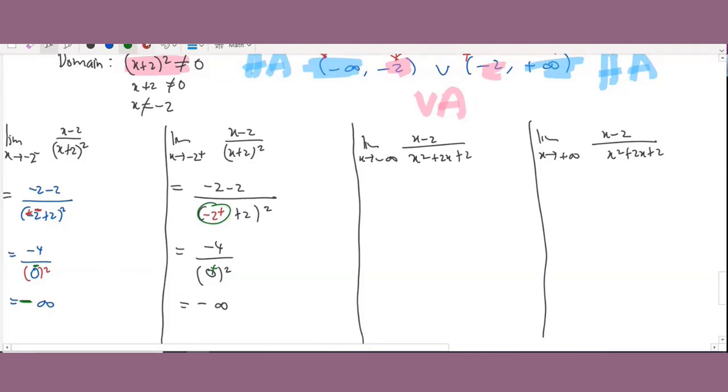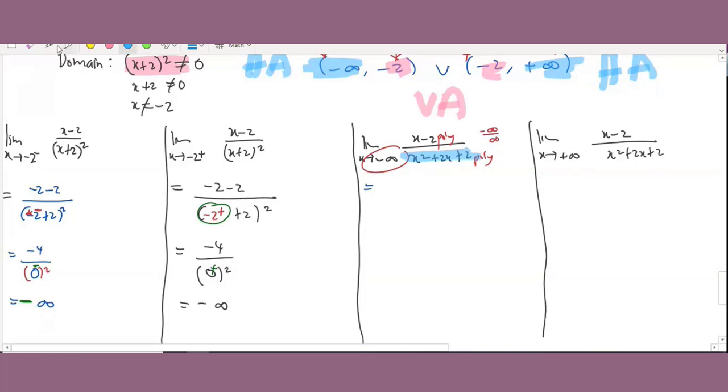This one, this part. Substitute directly. Confirm infinity, and then infinity over infinity, indeterminate form. The indeterminate form is actually poly over poly and tends to negative infinity. When poly over poly tends to negative infinity, you have to divide with the highest power of the denominator.